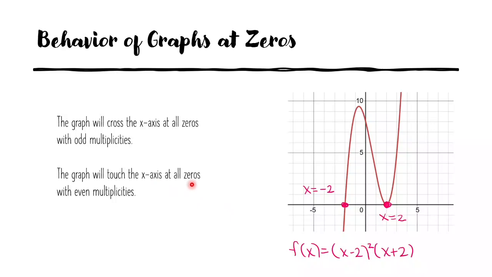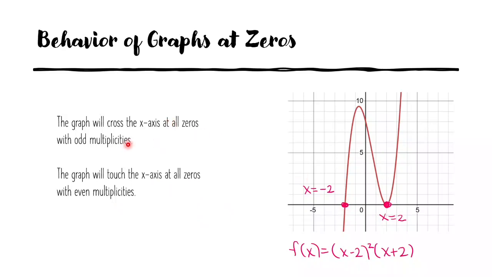Anytime a zero has an even multiplicity, the graph is just going to touch the x-axis, or you can think of it as bouncing off the x-axis. So x equals 2 had a multiplicity of 2, an even multiplicity, and so the graph is just touching the axis. X equals negative 2 had a multiplicity of 1.